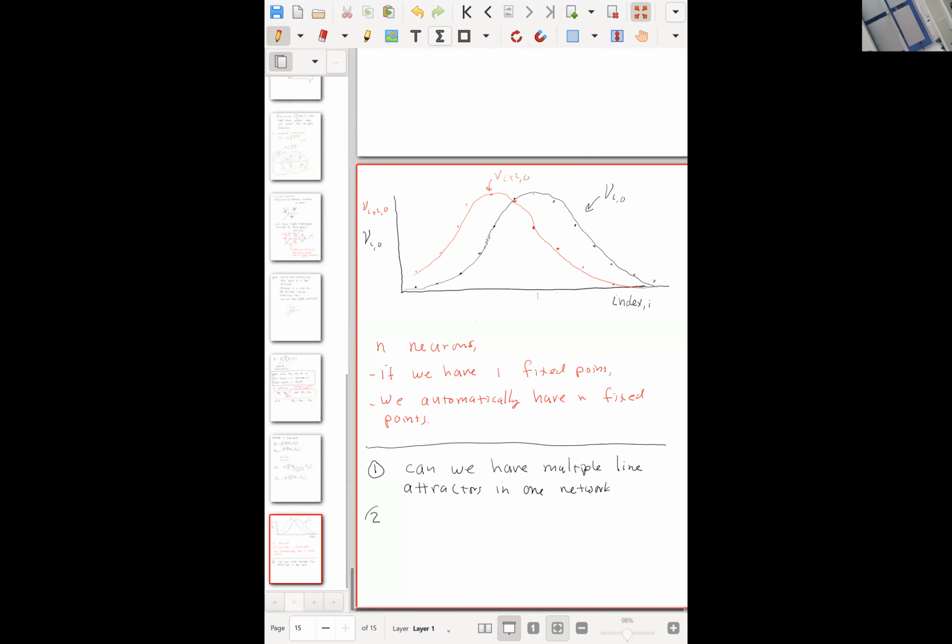And two, how do we force the dynamics to move along the line attractor?